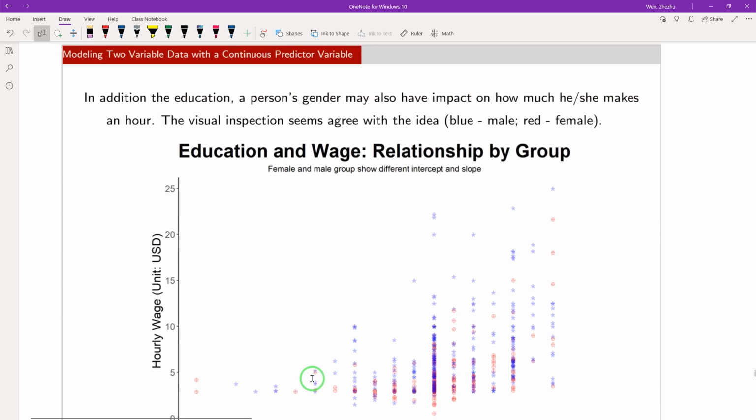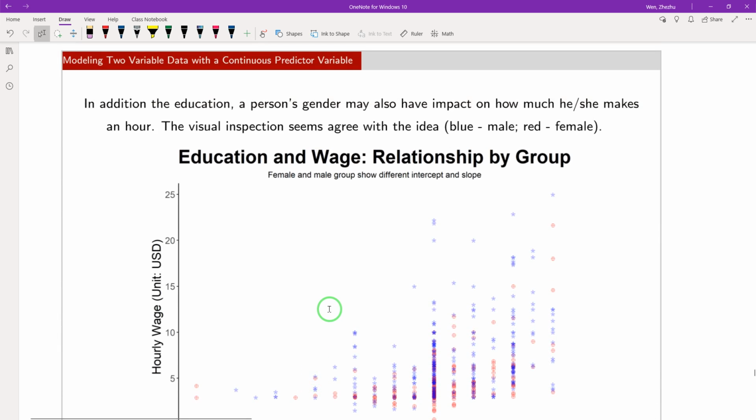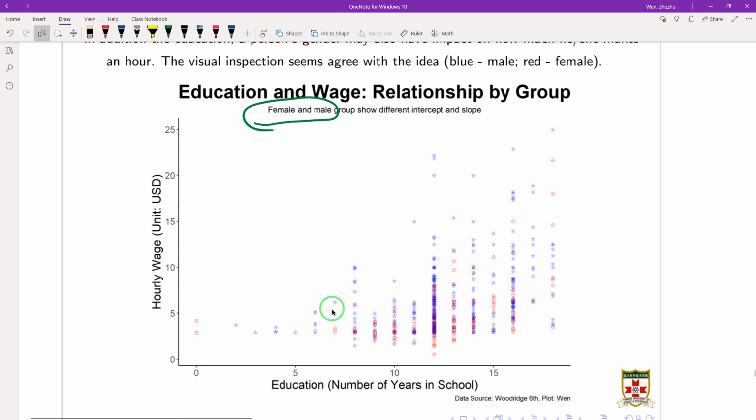So here, I'm looking at the gender effect. I think blue is for the male, red is for female. If I plot those in a different color, as you can see, the slope may be different for the male group and the female group.